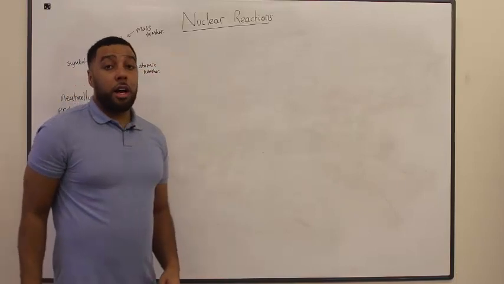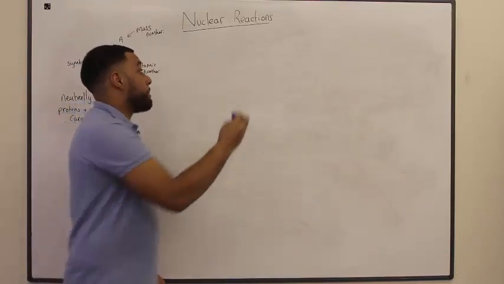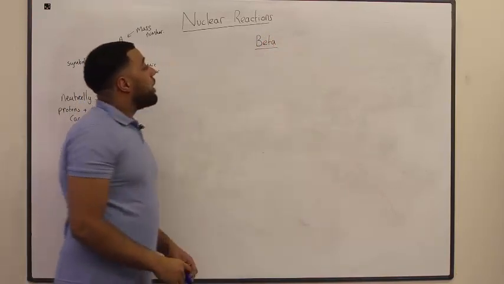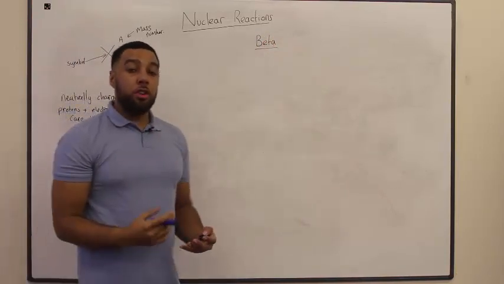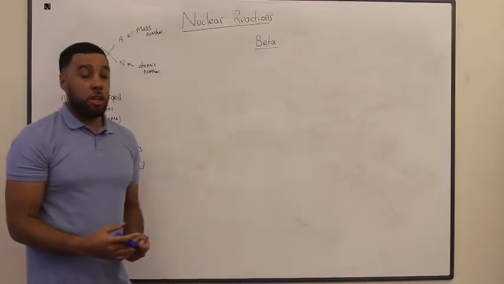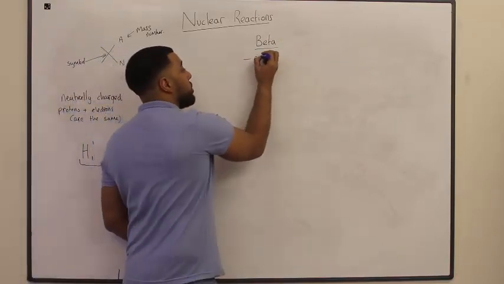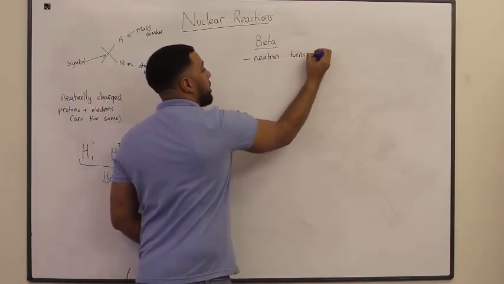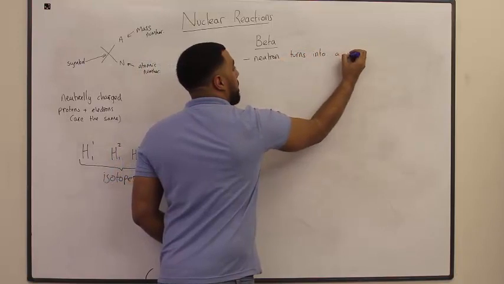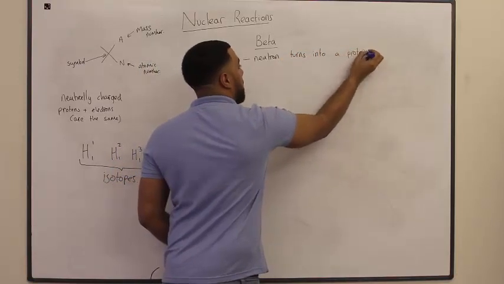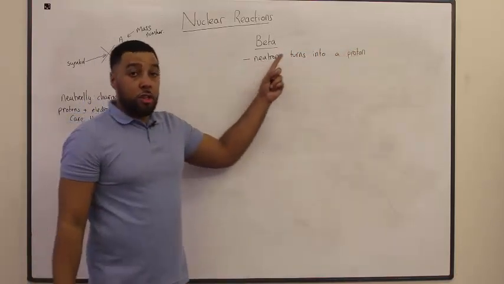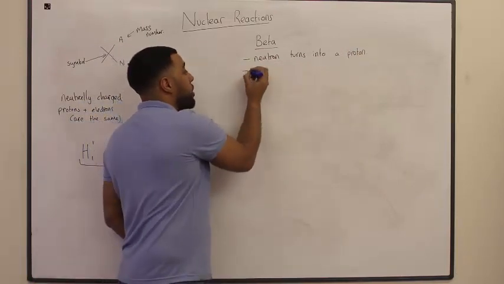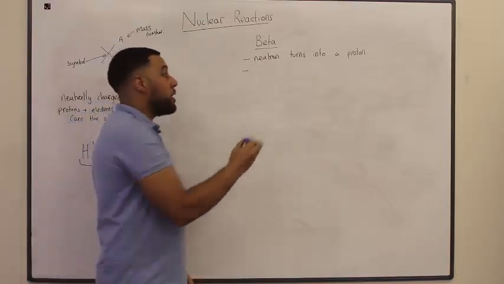So let's have a look at beta decay. Beta decay occurs when a nucleus has too many neutrons, and some of those neutrons turn into a proton. Well, when that neutron turns into a proton, it also turns into an electron, which is kicked out of the nucleus.